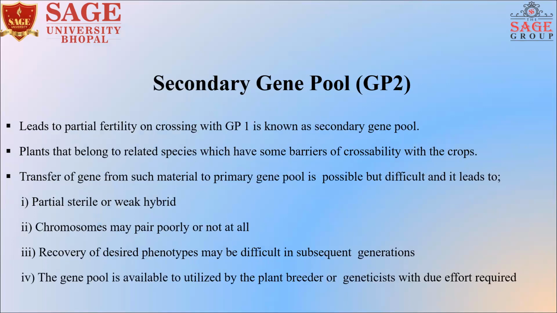In the case of the secondary gene pool, genetic material which leads to partial fertility on crossing with GP1, the primary gene pool, is known as the secondary gene pool. Here, the plants belong to related species but have some barriers to crossability with the crop. In the secondary gene pool, transfer of genes from such material to the primary gene pool, or GP1, is possible but difficult.